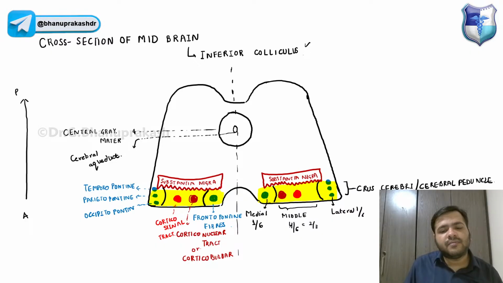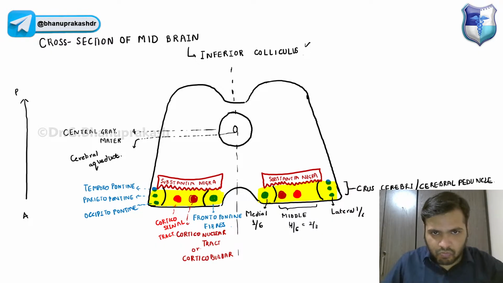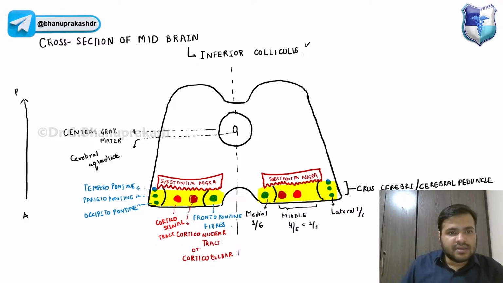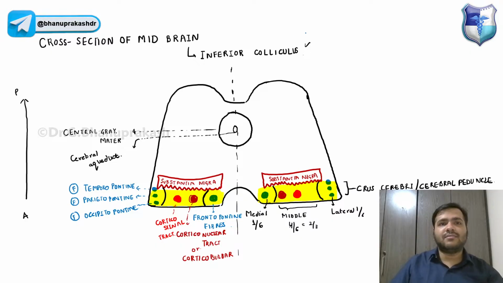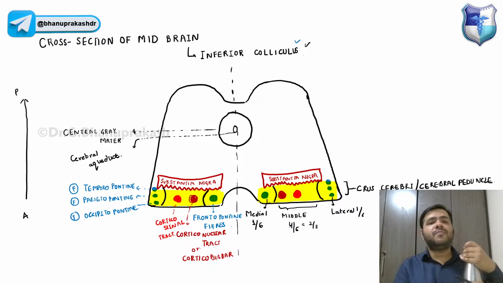Write all three down as fibers. So that is about the crus cerebri, the most anterior part in the cross section of the midbrain. I hope this is clear, guys.